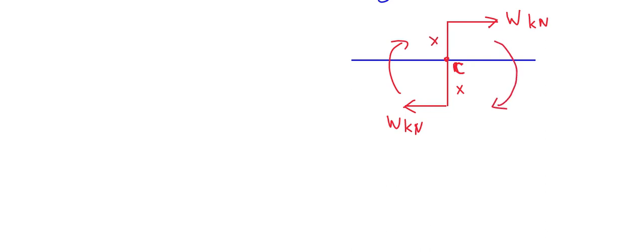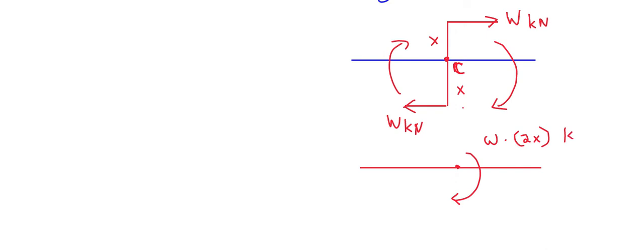Two equal and opposite forces separated by a distance is called a couple, and this is the couple center where the beam is attached, and it will give a rotation in the clockwise direction to the beam. So instead of writing that couple, you can convert it into a moment acting at that location in a clockwise direction, and the moment of that couple will be W times the total distance, that is x plus x, giving you 2x. So that will be the couple in kilonewton meter.